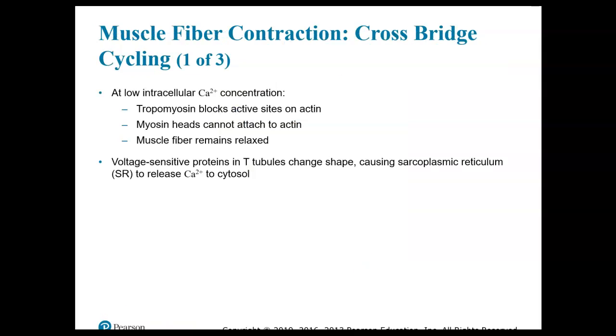When there's low calcium ion concentration inside the muscle fiber, tropomyosin is a myofilament that blocks the active sites on actin. The myosin heads cannot attach to the actin, and the muscle fiber remains relaxed.